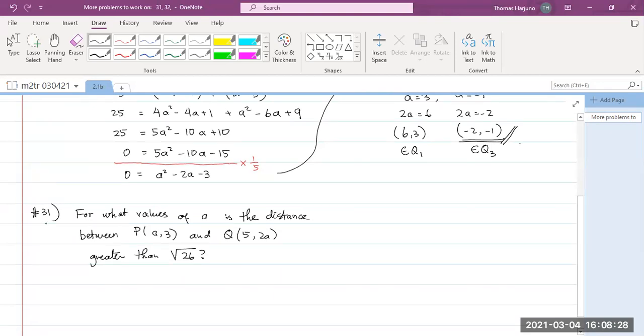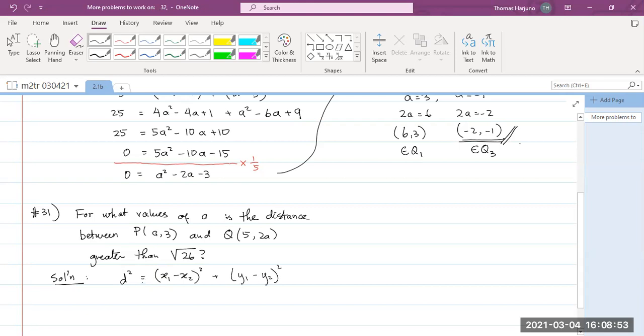We use the distance formula again. Solution. Distance squared equals x1 minus x2 squared plus y1 minus y2 squared.